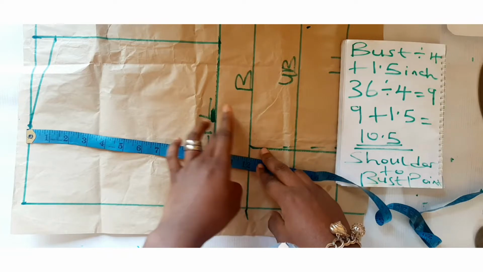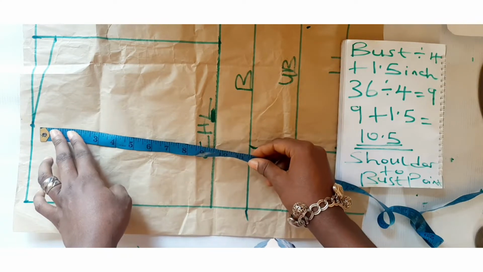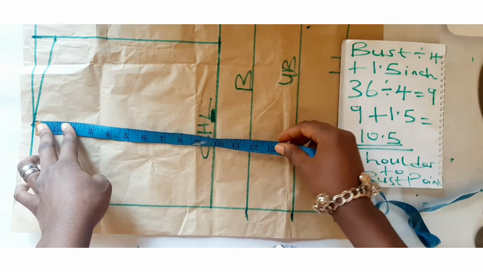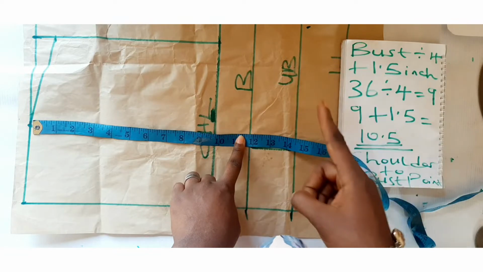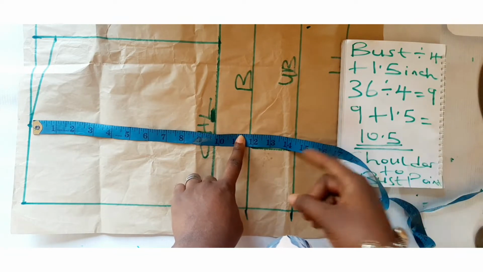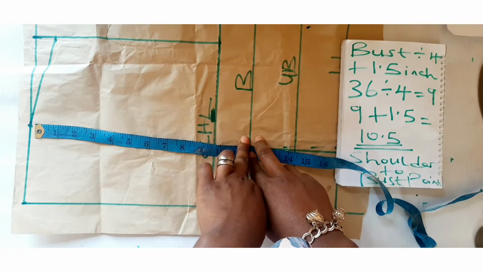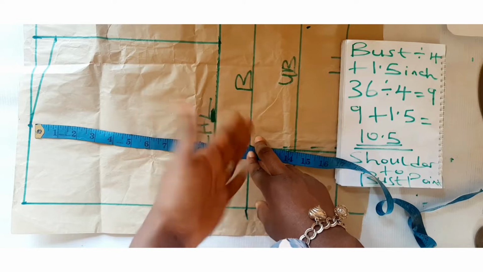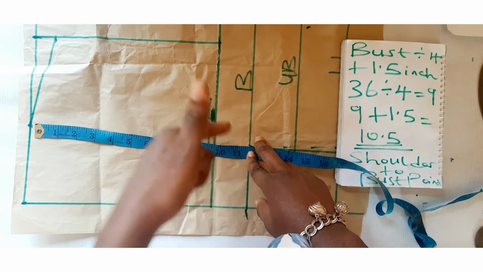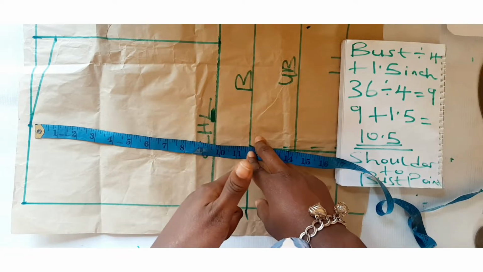If your shoulder to nipple is 13, add 4 to it to get your under bust. If your shoulder to your bust point or your nipple is 10 inches, please add 4 to get your under bust.